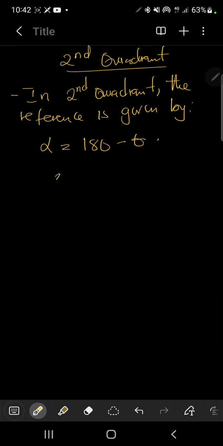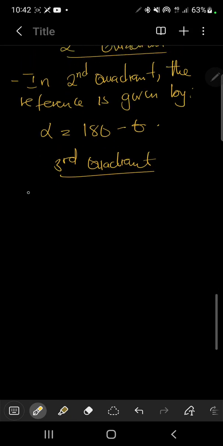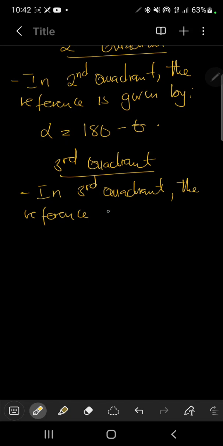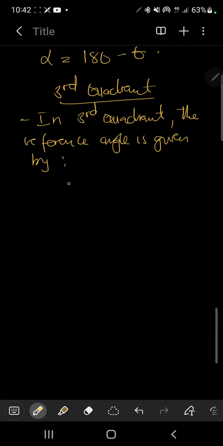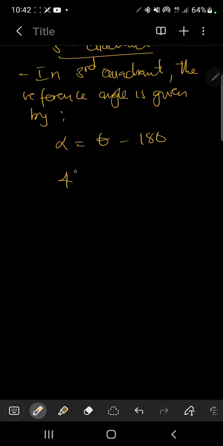Then we go to the third quadrant. In the third quadrant, the reference angle is given by alpha is equal to theta minus 180. Then lastly, the fourth quadrant.